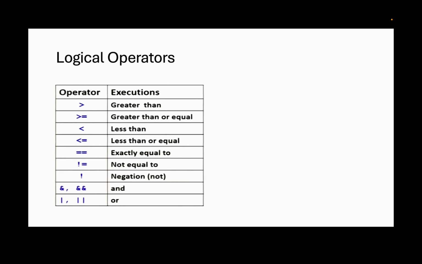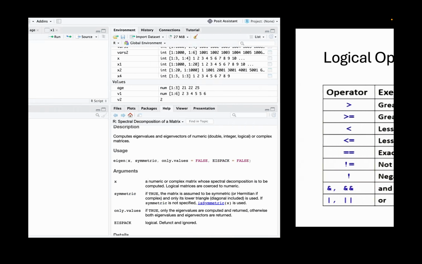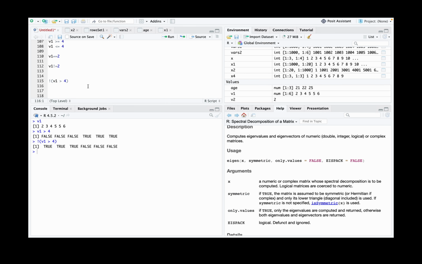Now coming to these, and and or. You use these when you are comparing and you already have logical operators. For example, you want to compare this against some other expression, using and.